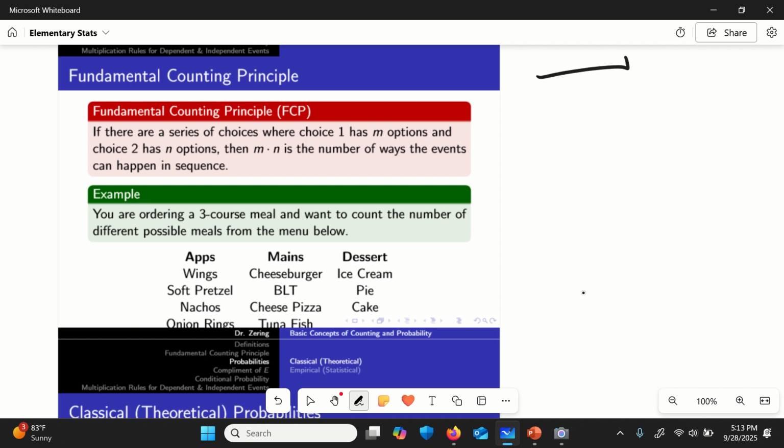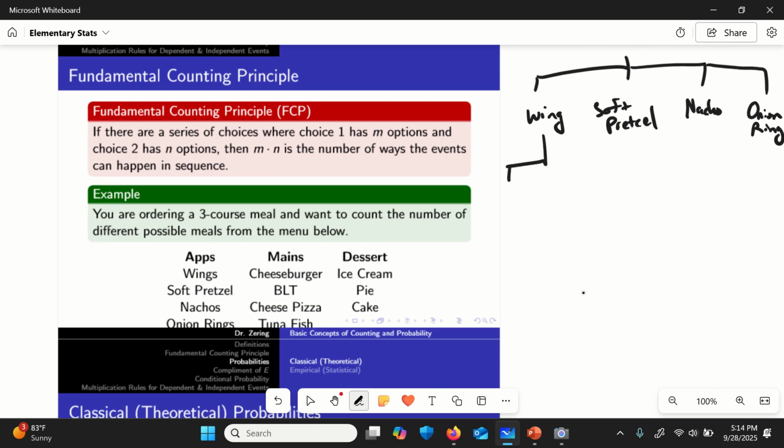We would have 4 options for our appetizer. I'm not really going to draw the whole tree diagram, because I think, as we'll see, it gets a little too full. But we could have the wings, the soft pretzel, the nacho, or the onion ring. And then after deciding one of those 4, we would have 4 options for our main dish.